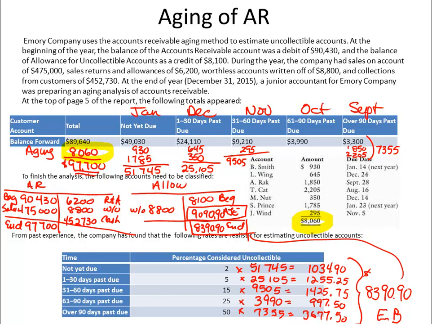Then I will total up all of those estimates, and it comes to $8,390.90. That will be the ending balance in the allowance account.